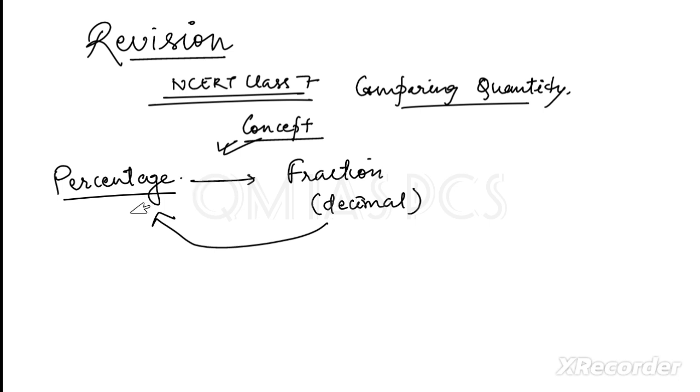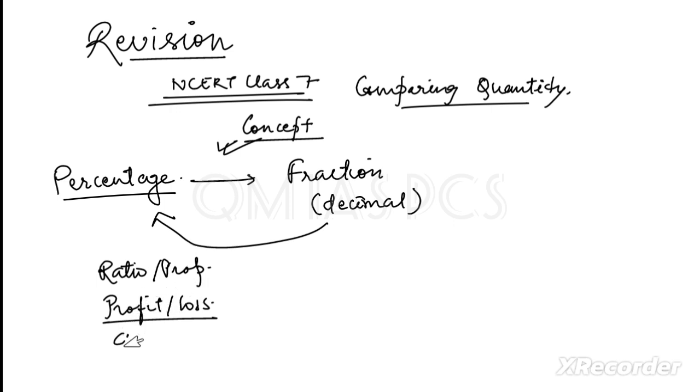Then a few applications, like ratio and proportion. Then profit and loss, which I have not explained yet; we will discuss it in later sessions. Then CI and SI. These things are the applications of percentage.